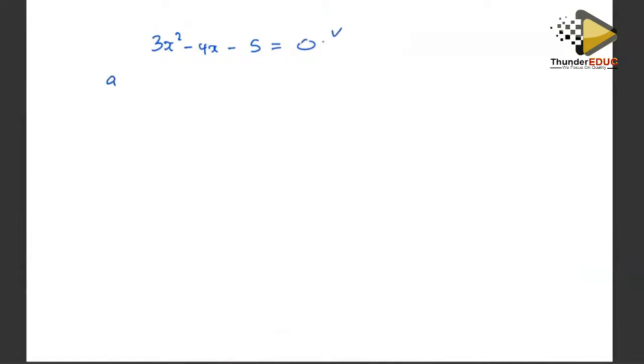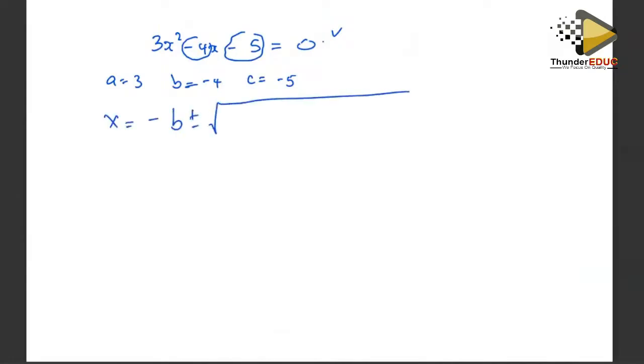Now from here, we know that our A is a 3, our B is a negative 4, a number with its sign. And then the C is gonna be a negative 5, number with its sign. And then write down the quadratic formula, negative B plus minus the square root of B squared minus 4AC, divided by 2A.